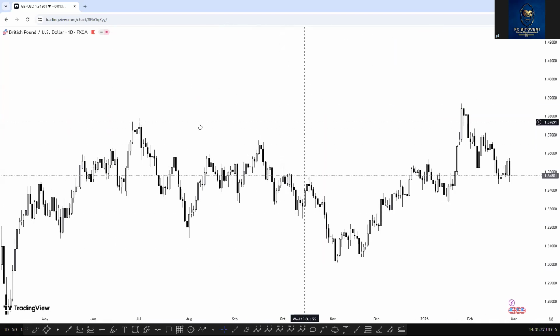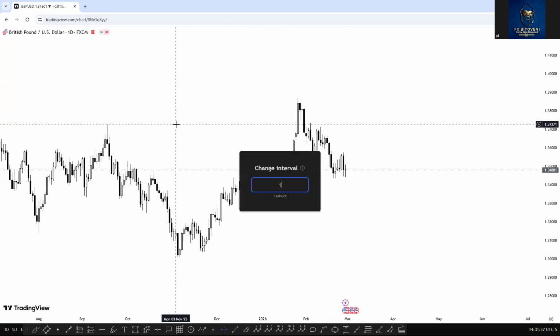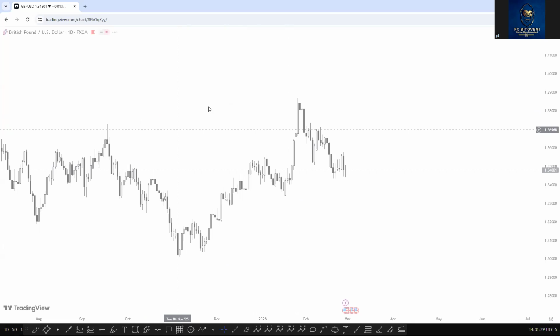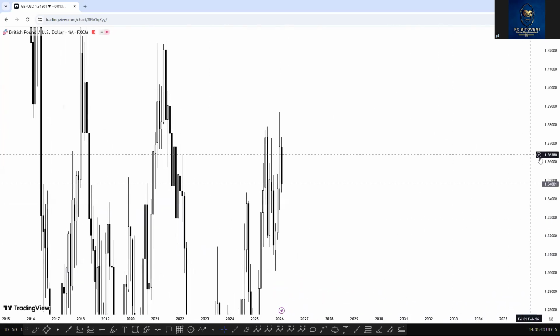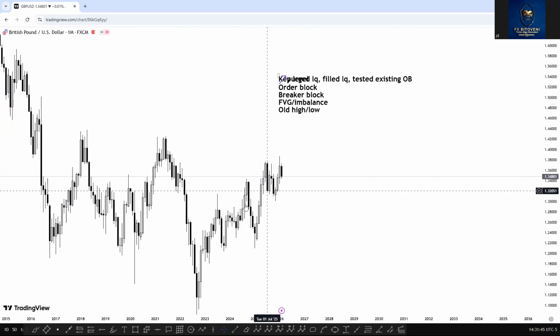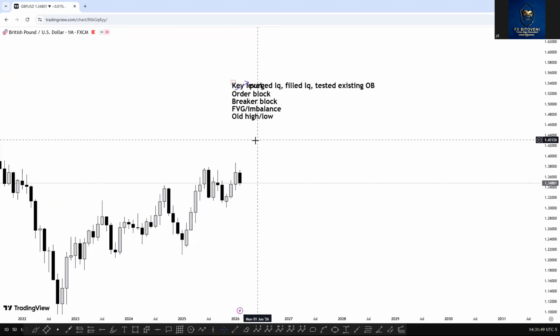Bring it to the chart. If you go to monthly time frame, you can easily see.